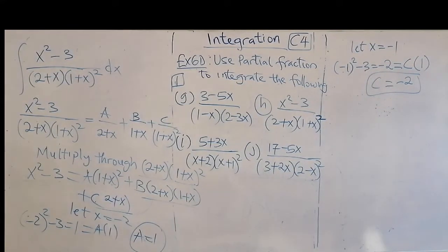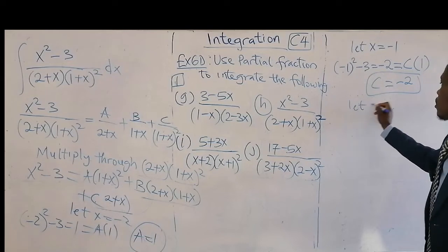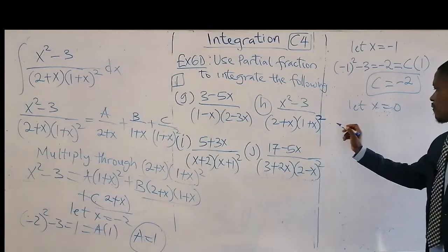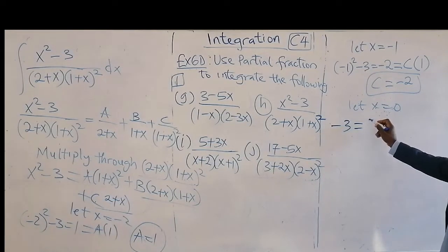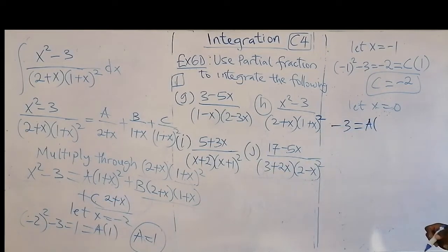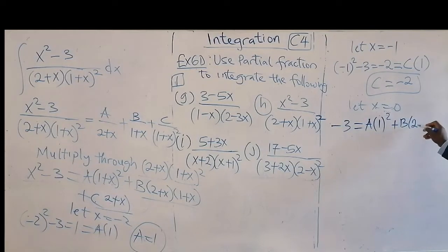And finally, you can just pick any value at random. Maybe you can go for 0. So let x be 0. Then we have minus 3 on the left equal to A times 1 plus 0, then plus B times 2 times 1, then plus C times 2.